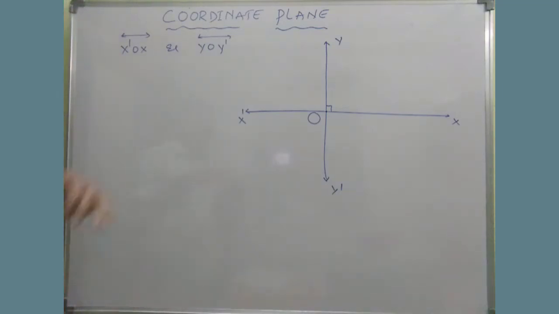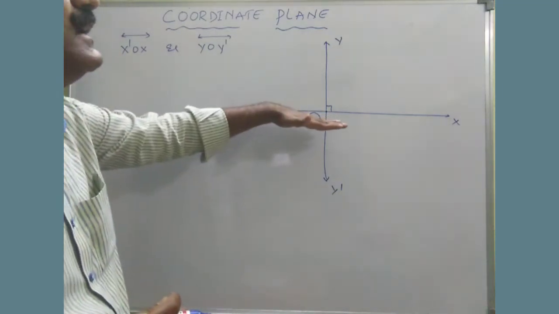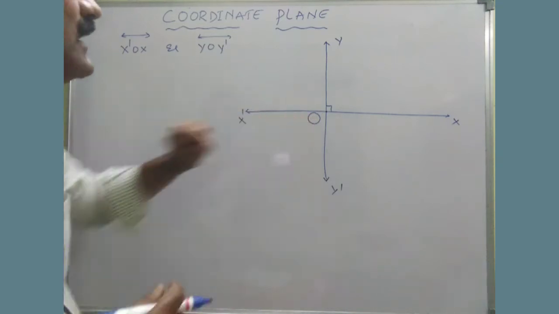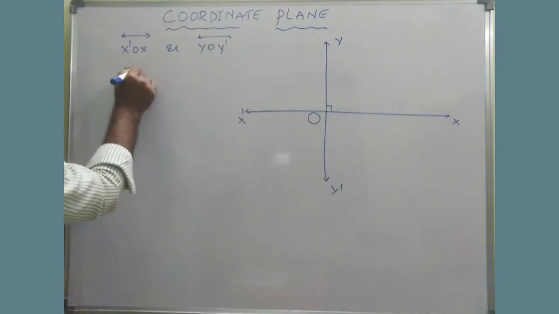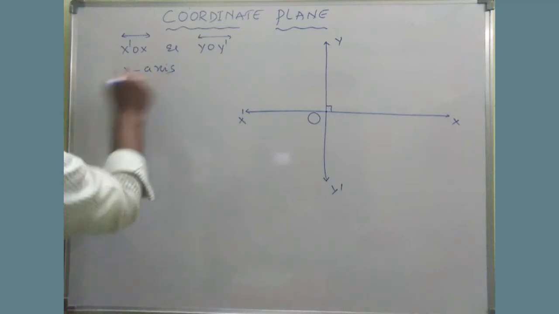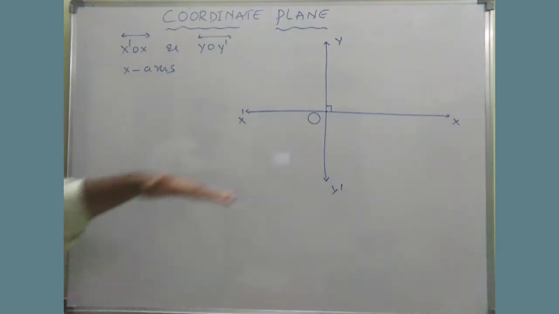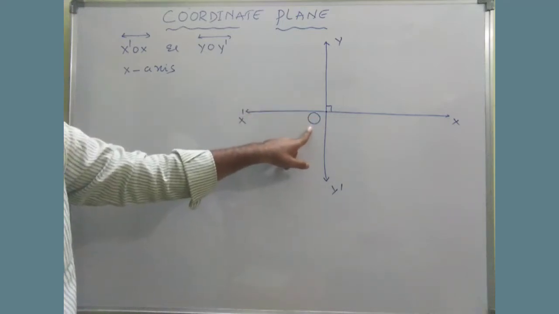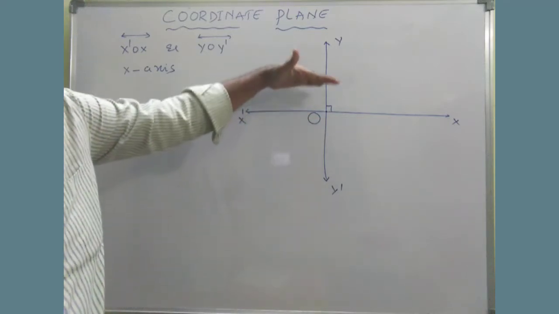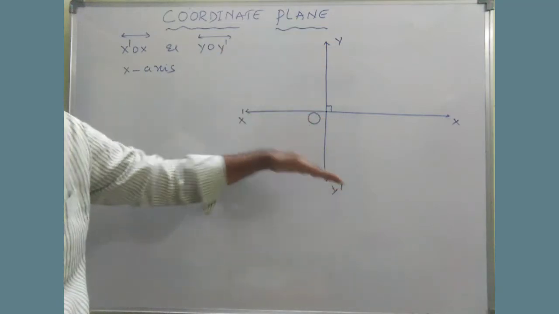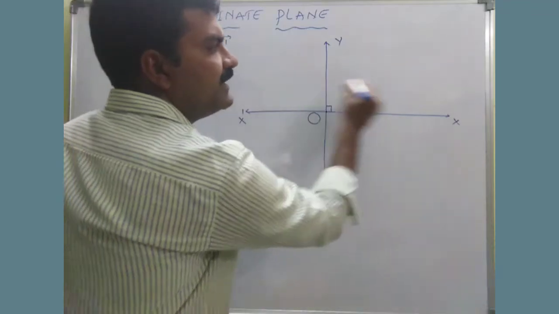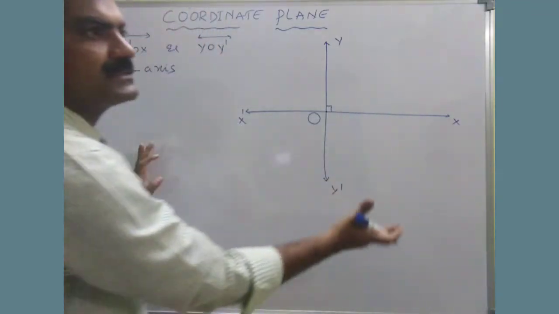So the horizontal line which is passing through the origin is called the x-axis. Actually, there exist infinitely many horizontal lines, so we can draw infinitely many of them.